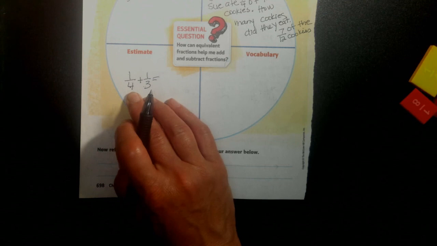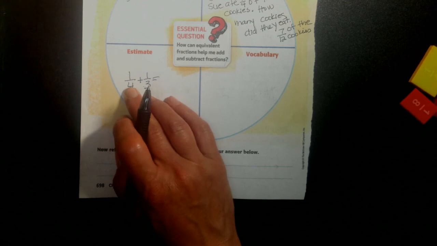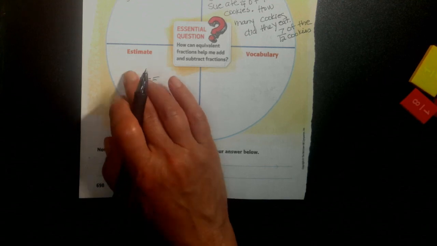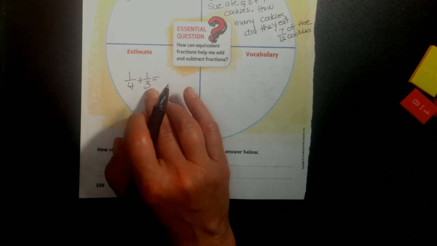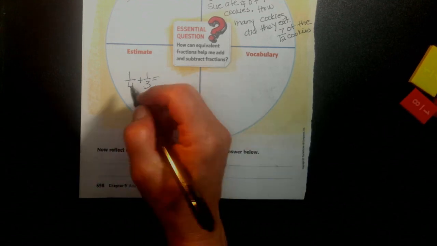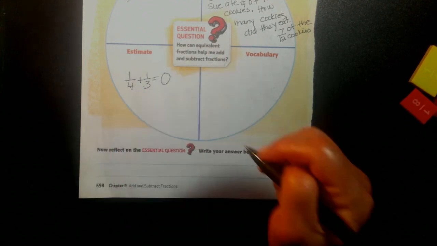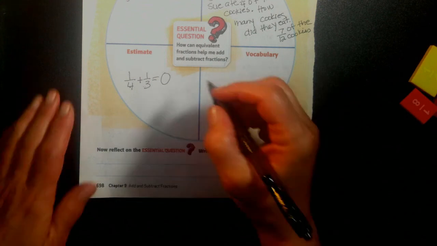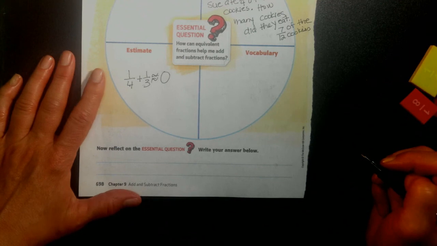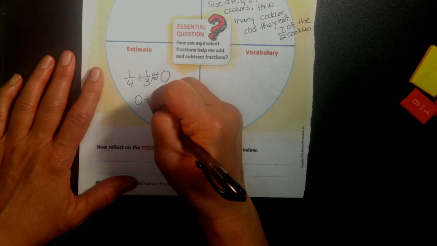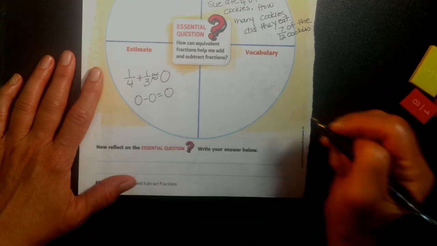So sorry, I would probably turn this one into 8s, or actually I could just leave it at 4ths. 2/4 would be half, and this is only 1/4. So this is less than half, so I'm going to round it to 0. Sorry, it is almost 0. It's about 0. That's how I would estimate, right? I'd say 0 plus 0 equals 0.